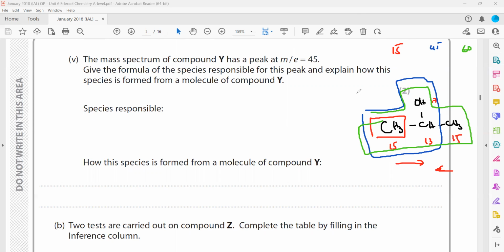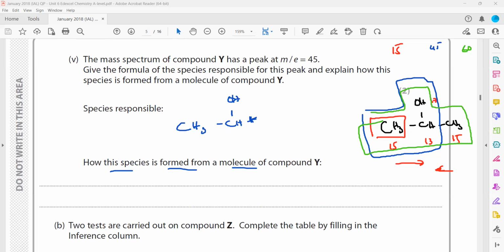What is responsible for the peak at 45? That is CH3, CH, OH with a plus charge, because I always identify the positive ion. And how is this species formed from a molecule of compound Y?